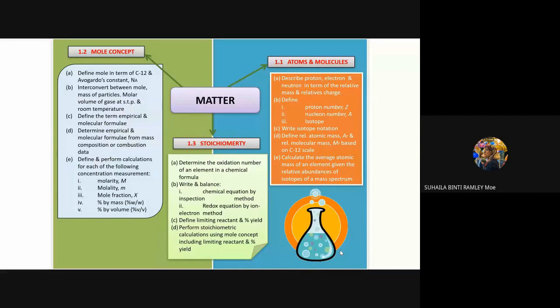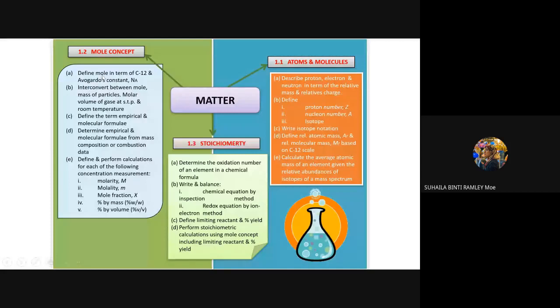For chapter 1, we have three subtopics: 1.1, 1.2, and 1.3. 1.1 and 1.2 are actually revision from your previous syllabus in school. Describe and define proton, nucleon, isotope, and write the isotope notation. Here we have calculation for average atomic mass and relative atomic mass.